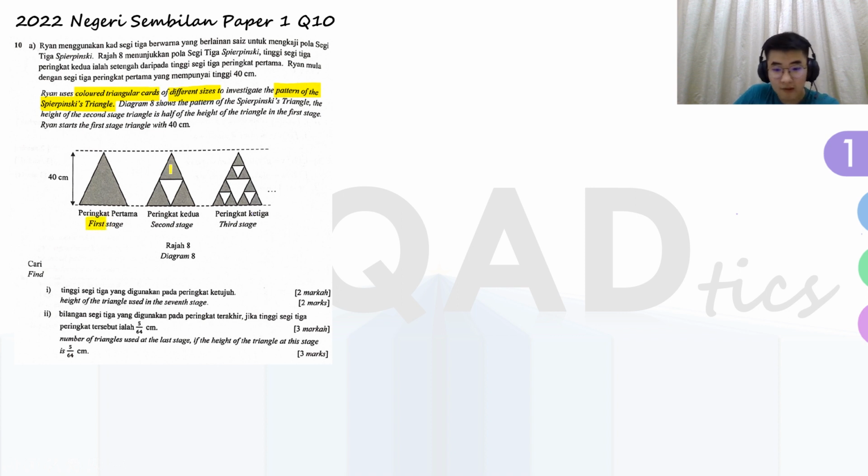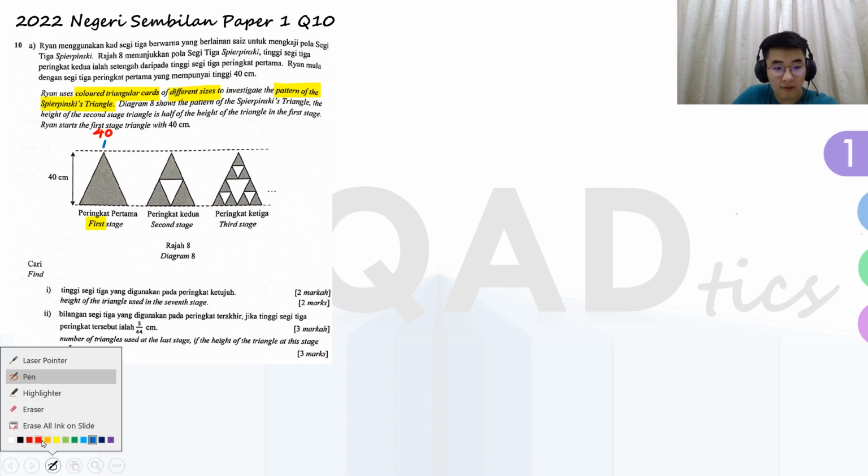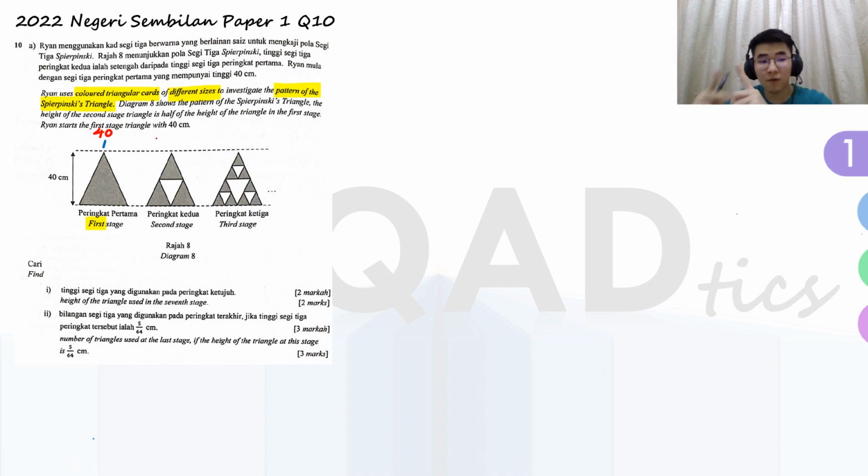So for the first stage, we have this one triangle which has a height of 40 cm. And going to the second stage, we still need to form this 40 cm triangle, but we can only use triangles which have half of the height of the triangle in the first stage. So it means the triangle here will have a height of 20 cm. Okay, and to form this triangle, we need 3 of them.